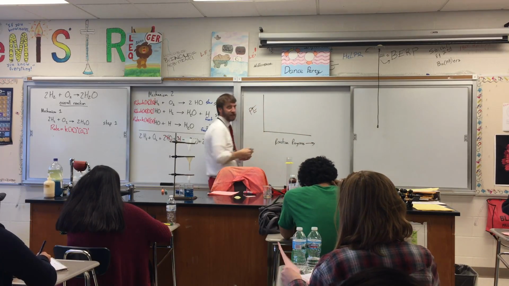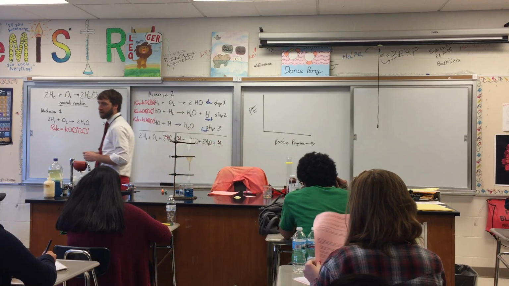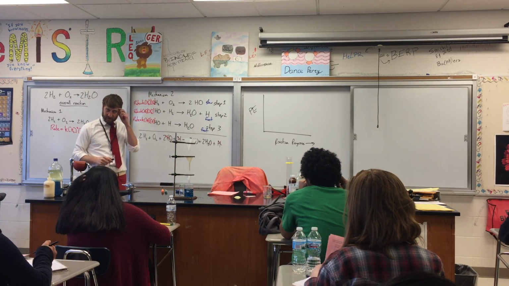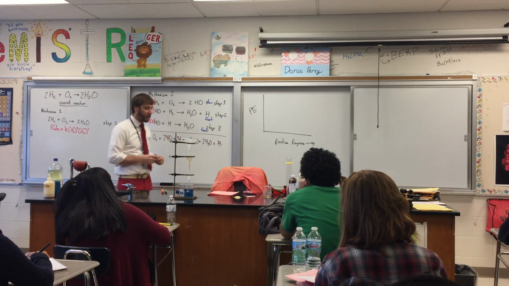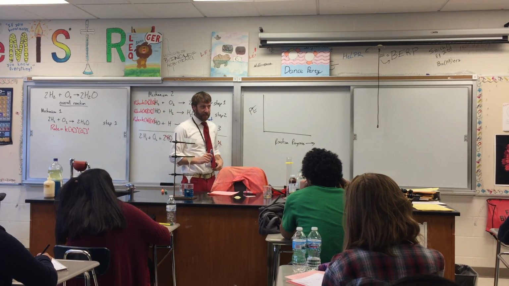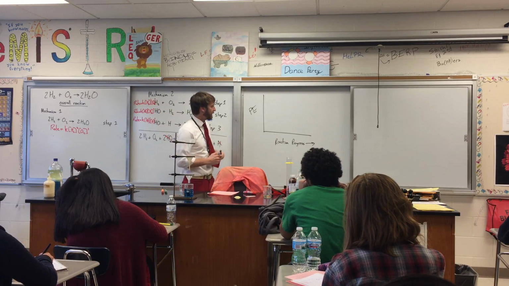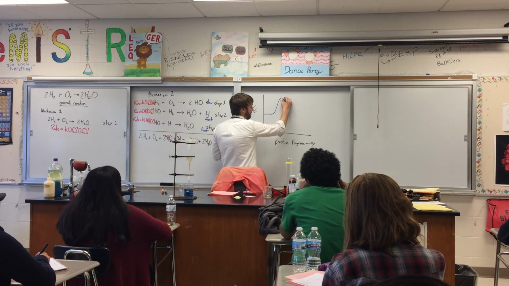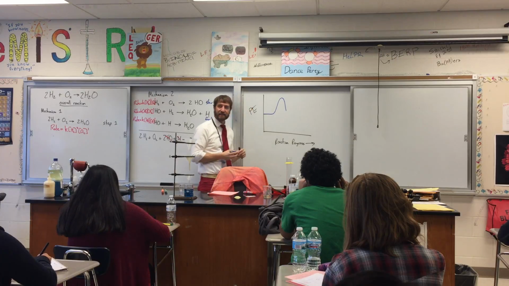So this is like one of those exothermic, endothermic curves that you guys have seen before. Except if we have three steps, it's not going to be as simple as the types of graphs that you've seen before. We're starting off with a step that is extremely slow. If that step is slow, it probably has some high activation energy.